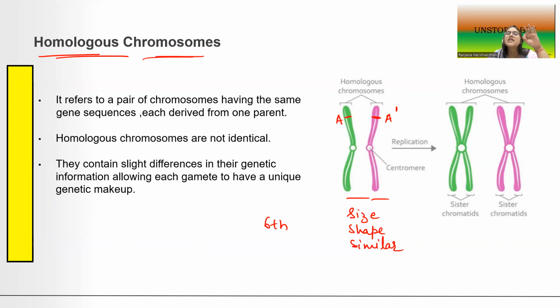So both A and A dash would be contributing to the same trait within me. Suppose it is for tallness. Then maybe A will contribute for tall height and A dash will contribute for short height, which has maybe come from one parent and the other from the other parent, mother and father.